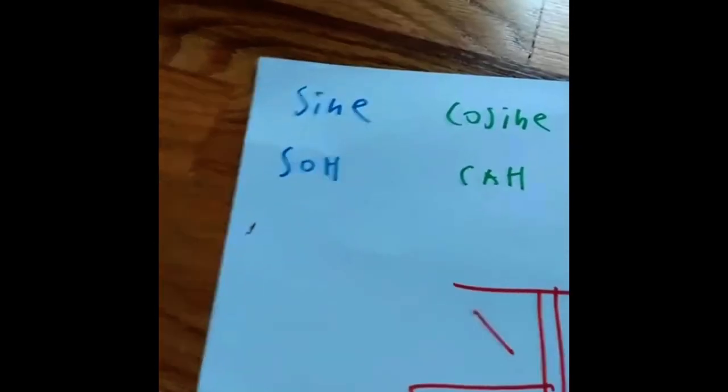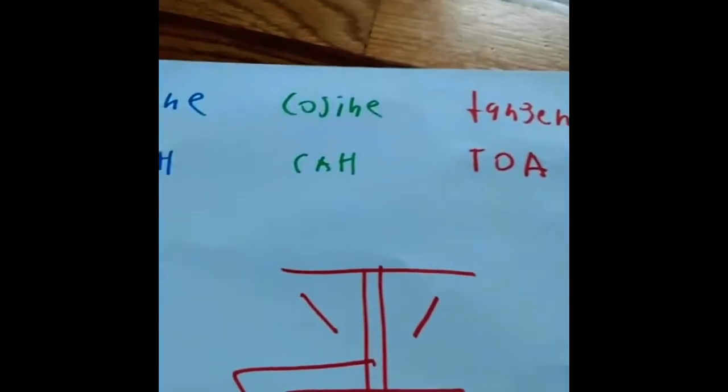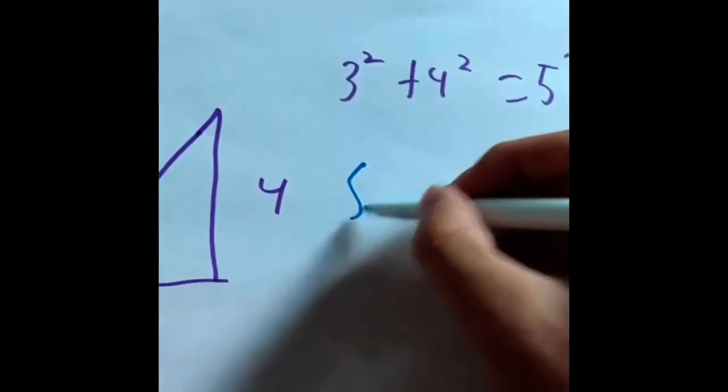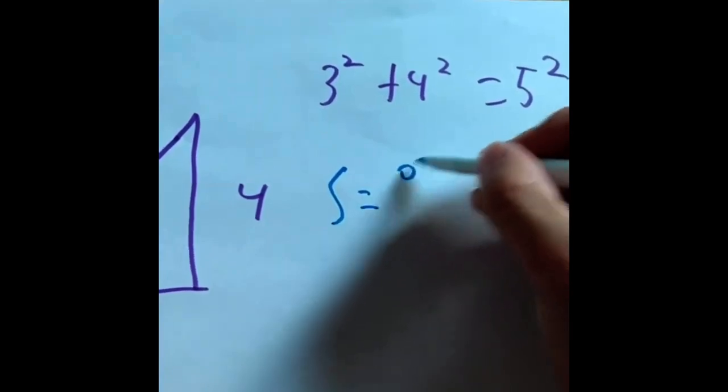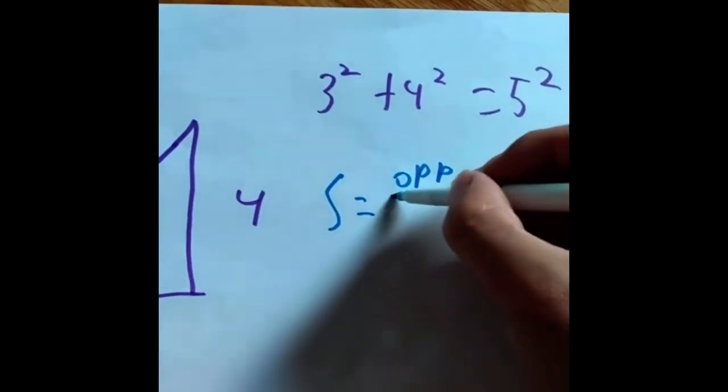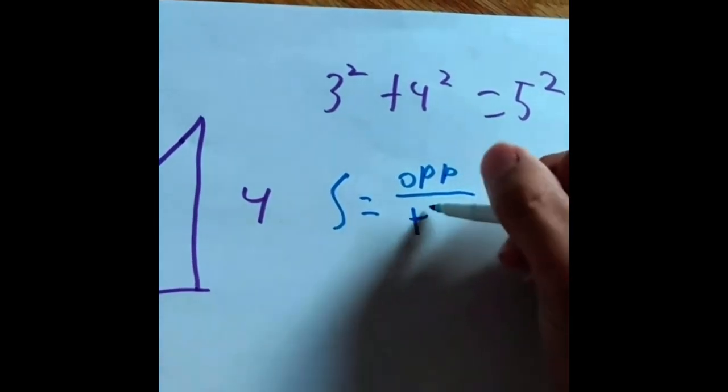So, let's see what the formulas for sine, cosine, and tangent are. For sine, the formula is going to be the opposite divided by the hypotenuse.